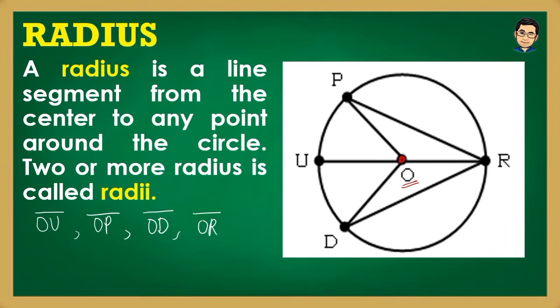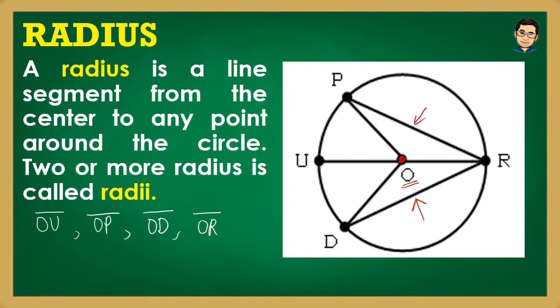So, kapag nagpapangalan tayo ng radius, we use the symbol for line segment. Wala po yung arrowhead, because segment lang po sila. And then, ito pong mga ito, hindi po yan radius ng circle.